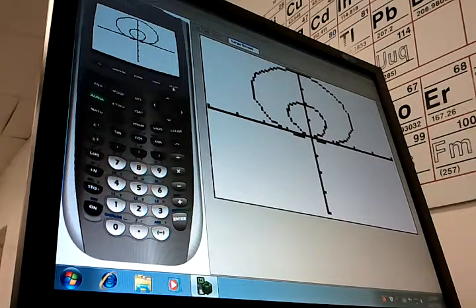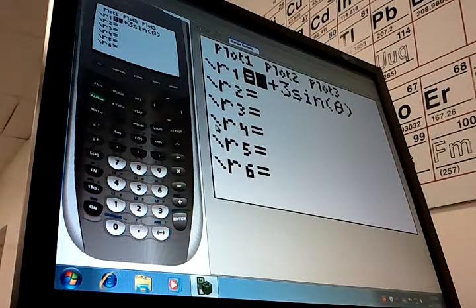Cool. I like that. And just these little stick arms down here. So 1 plus 3 sine theta. Sounds kind of nice. It's got a little circle inside of a circle. Not quite a circle, but still.